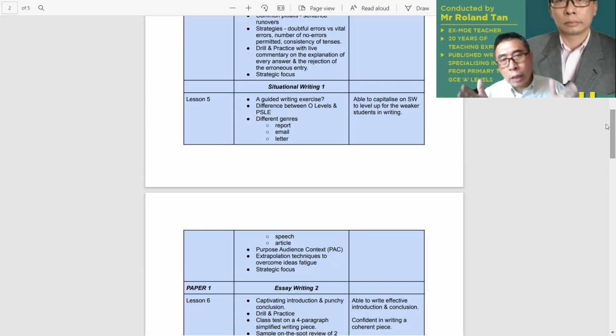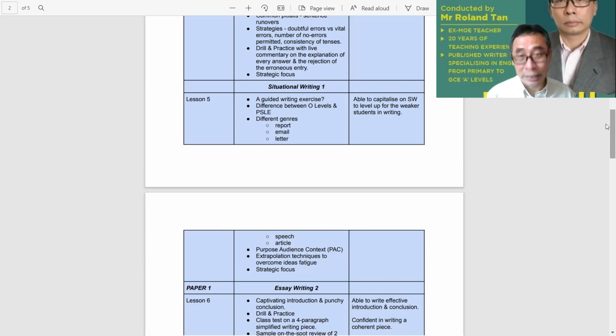So again, there are differences between O levels and PSLE situational writing. In fact, one very stark difference is the weightage. So do not belittle situational writing, which will cost you the same marks as your continuous writing.